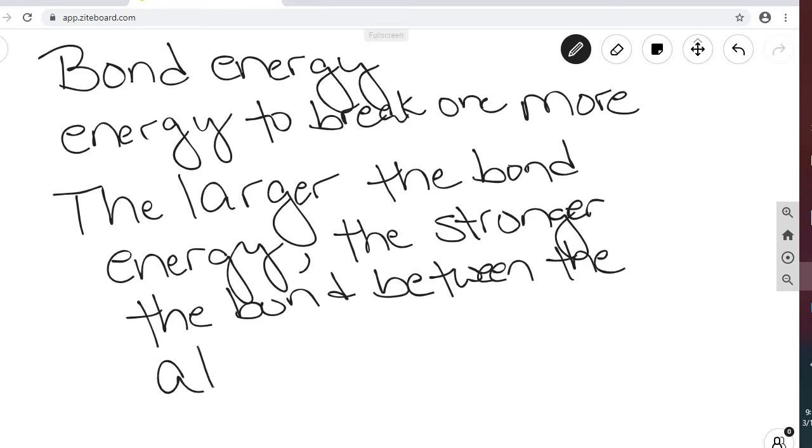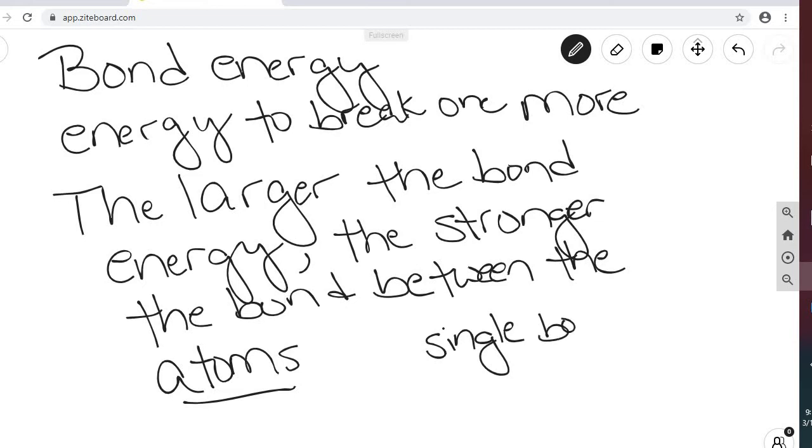One of the things we're going to look at in that table in just a moment is single bonds. We're going to have some molecules that are just single bonds, but then we'll have some double bonds and some triple bonds.